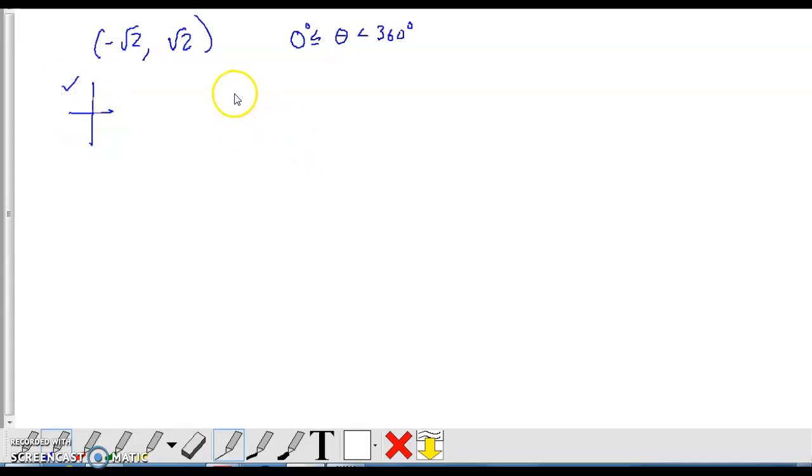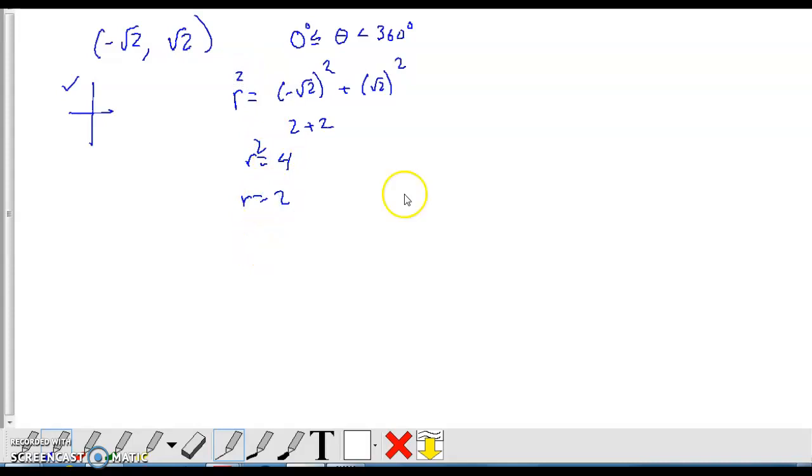When I'm looking at my r, I'm going to square the x value and square the y value. So it'll just be 2 plus 2. So r is equal to 4, or sorry, r squared. Forgot the squared. So that means r is equal to 2.